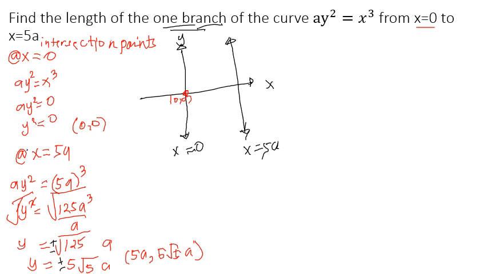So, let's say that this is 11 here, since 5 square root of 5 is 11.2. So let's say it's here. So this is our curve. Imagine that it's a perfect curve. So let's label our curve, which is ay squared is equal to x cubed.